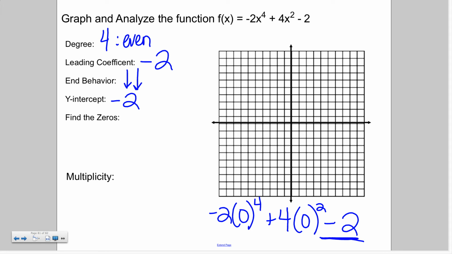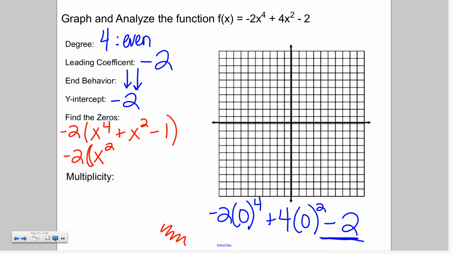The zeros are my x-intercepts, and I'm going to factor. I've got a GCF, so I'm going to take out a negative 2. That leaves me with x to the 4th plus x squared minus 1. I'm going to x method that, and I get negative 2 times x squared minus 1 and x squared.